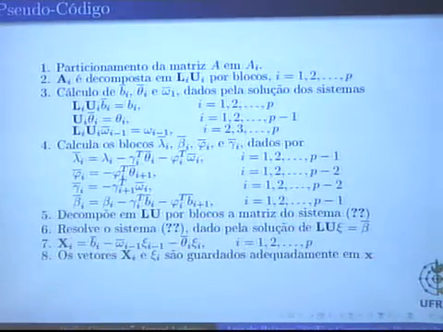We partition the matrix A into A i. Each A i can be decomposed into blocks. One possibility is to decompose using LU, and you can do it in parallel. You can do p factorizations in parallel.